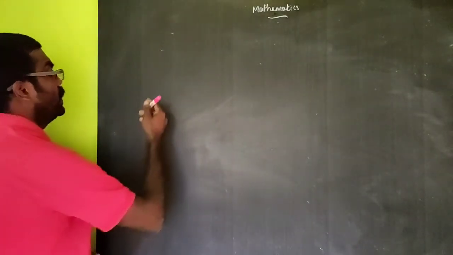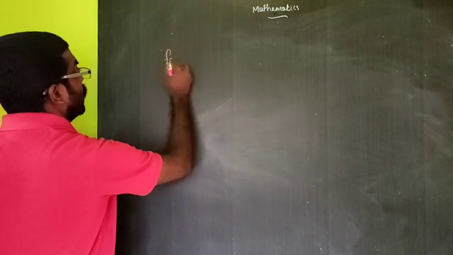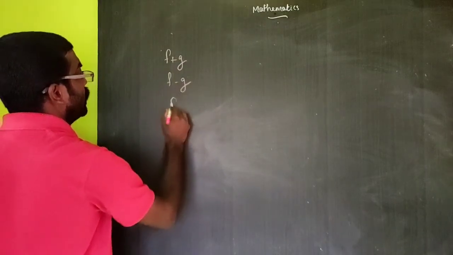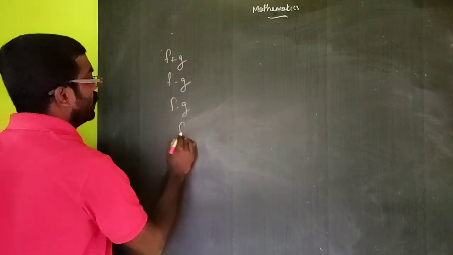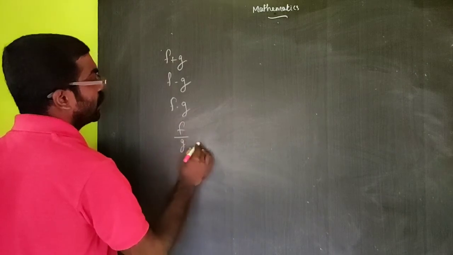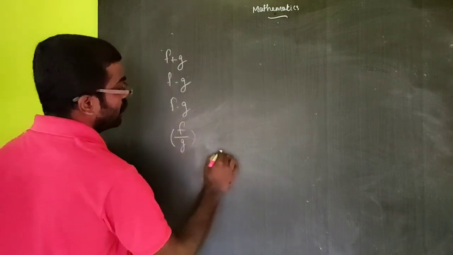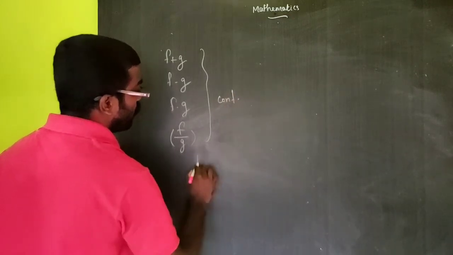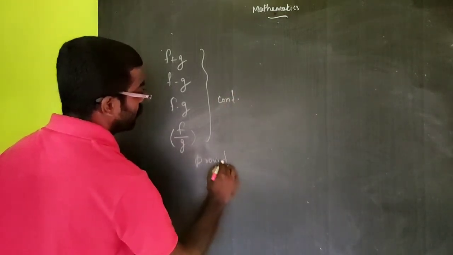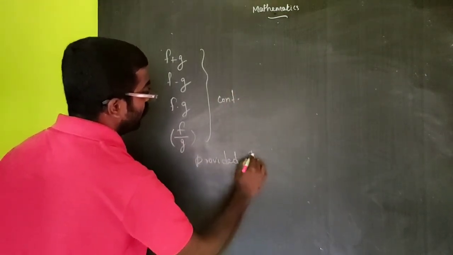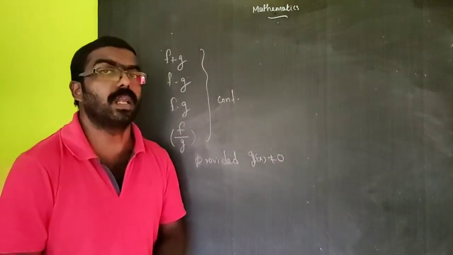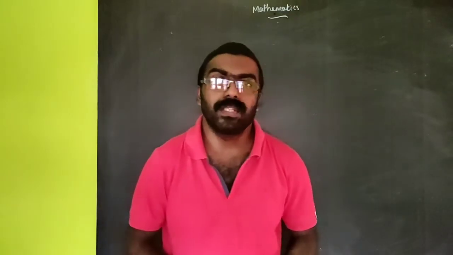So if f and g are continuous, then f plus g is continuous, f minus g is continuous, f dot g is continuous, f by g is continuous. Here a condition is given, these are all continuous, provided g of x is not equal to 0. Next topic is differentiability.